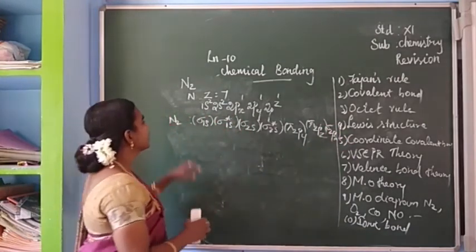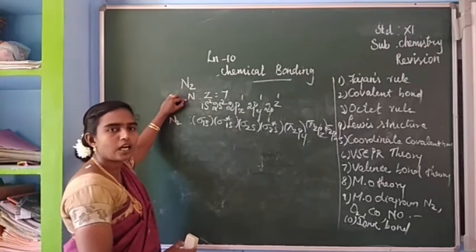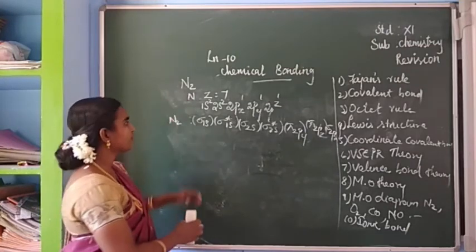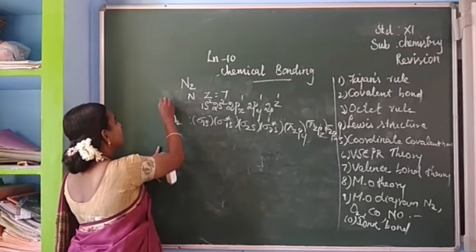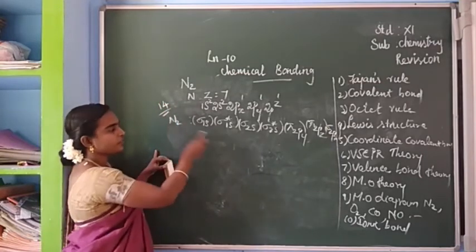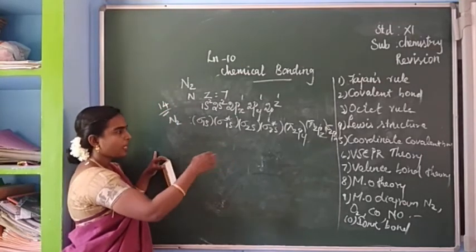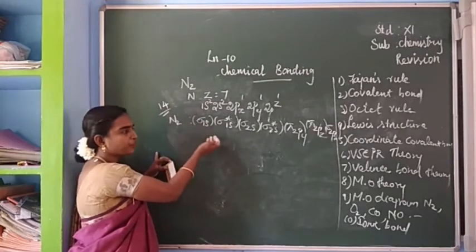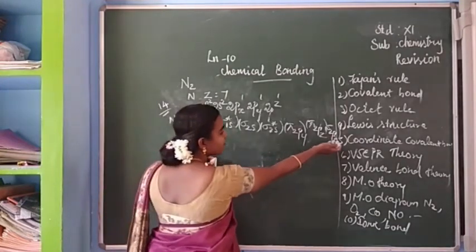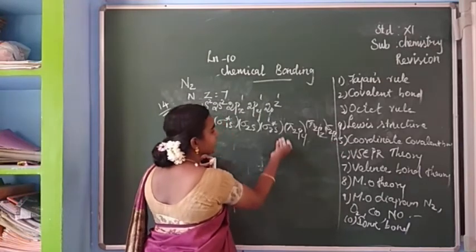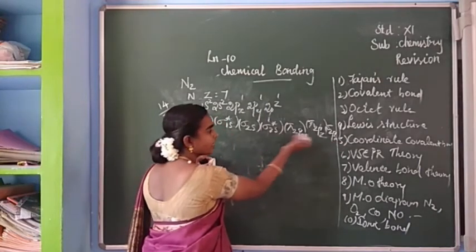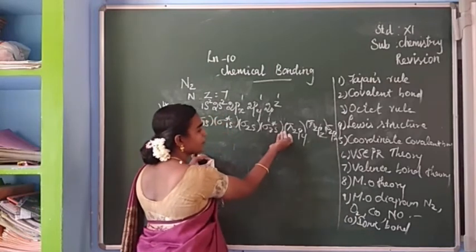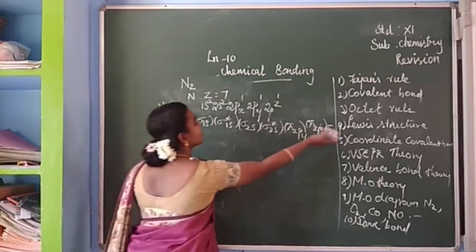But this order holds up to 14 electrons. Above 14, we have to make a small change: we have to shift this sigma 2px to here. So clear? The sigma 2px is brought here so that it becomes lower in energy.